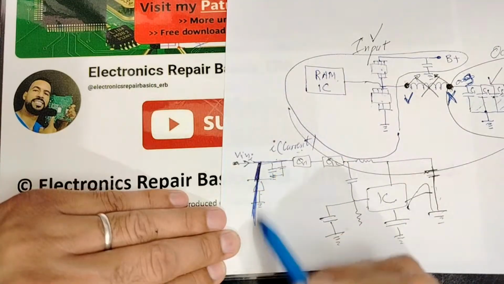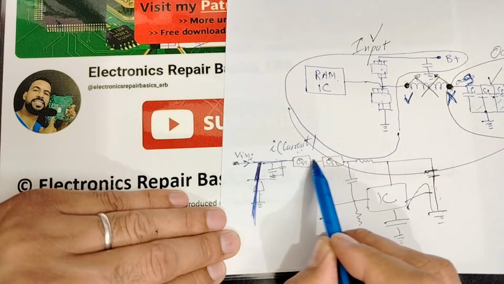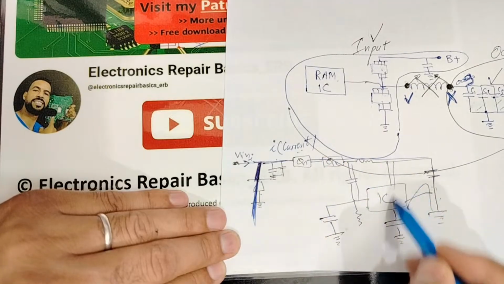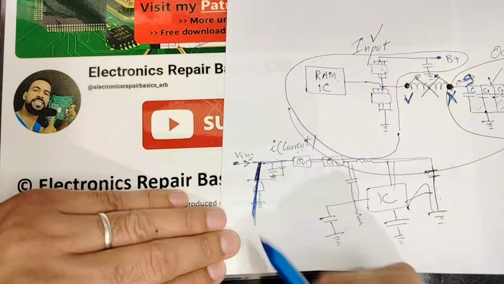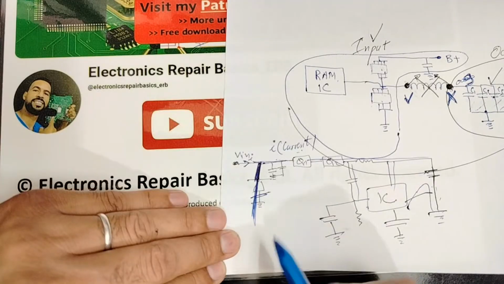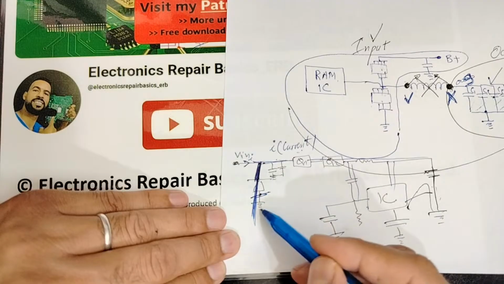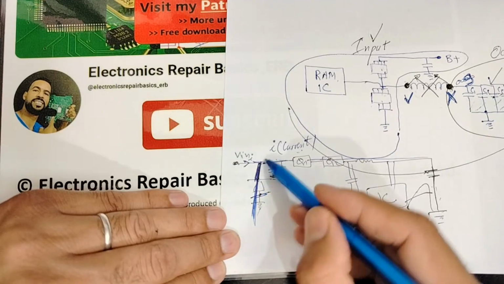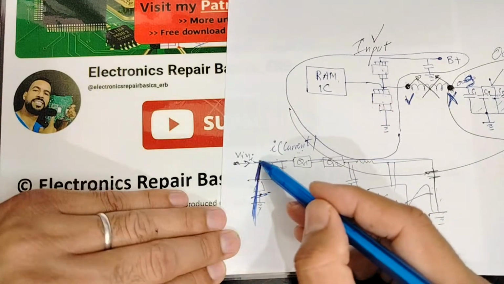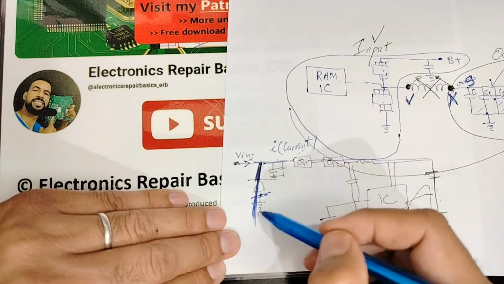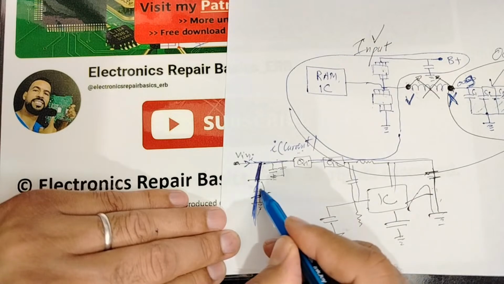A huge flow of current here, just a small current flow there. Here it is very huge, which means this one will be burned out and will be very hot, because the current goes into the low resistive path.